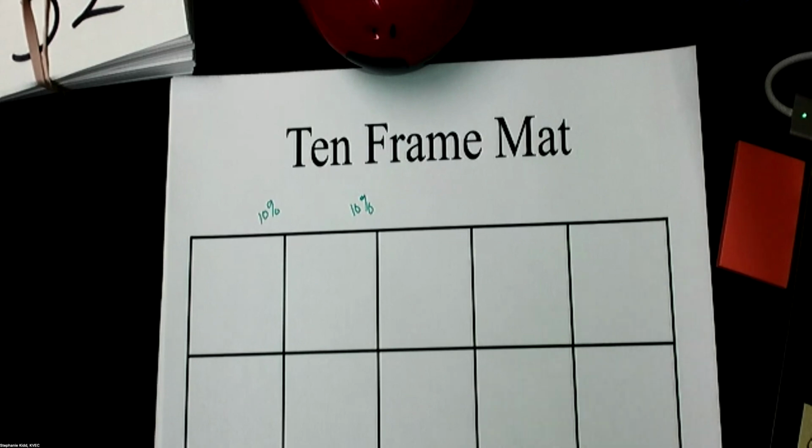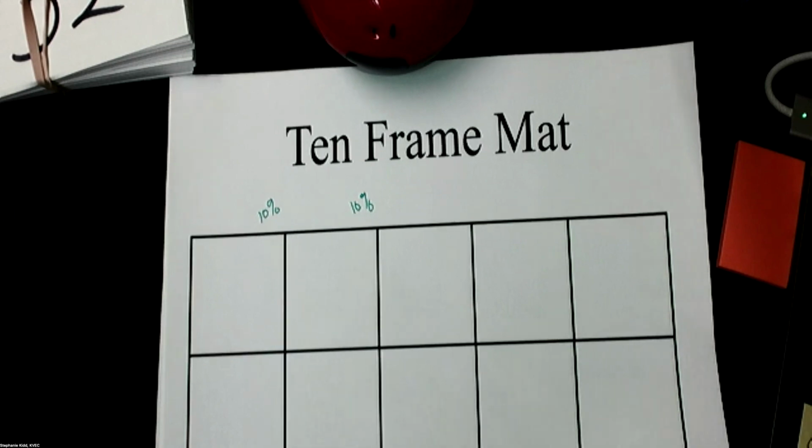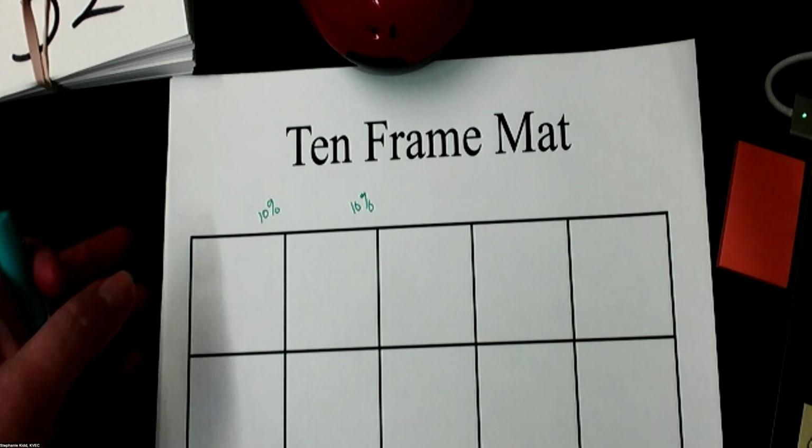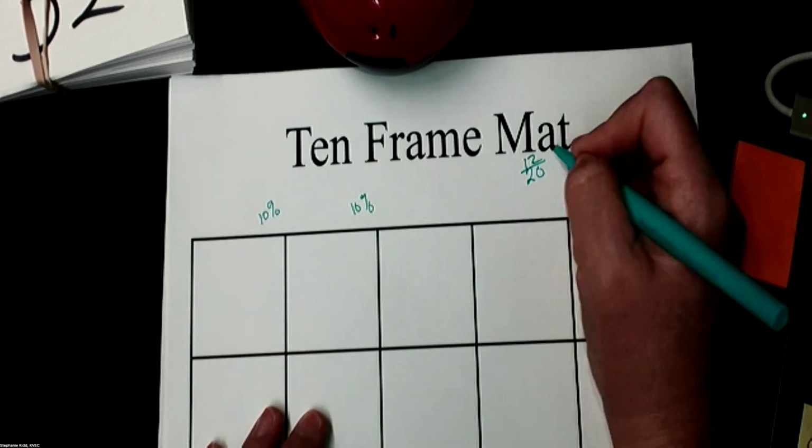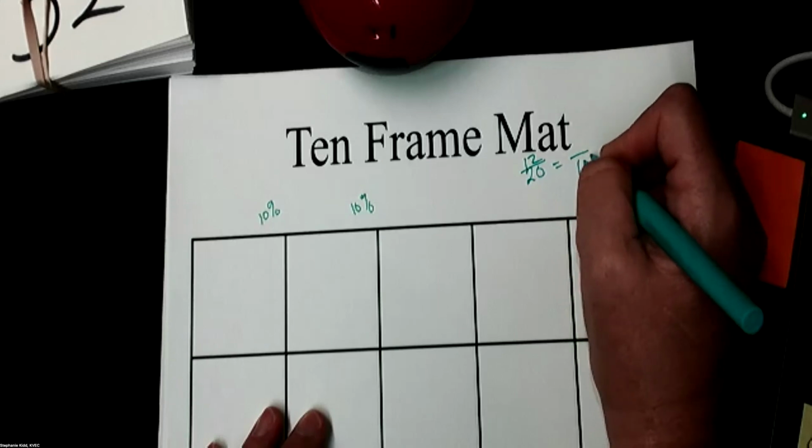So if I was looking at proportions and I was trying to solve, and I said I wanted to know if 20 is the total, what would 12 be for my percent? So if 20 is the total of it, what would 12 be for my percent?